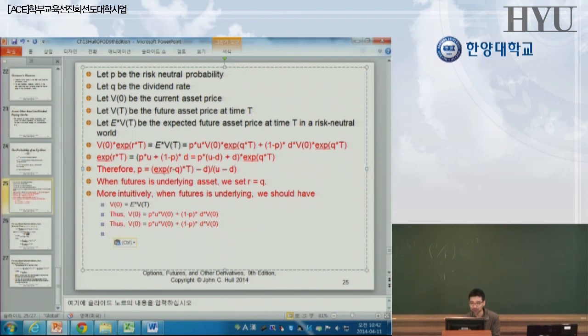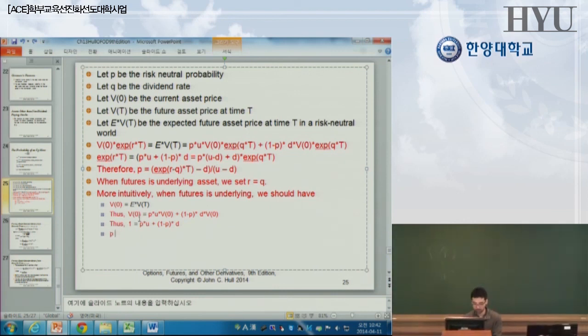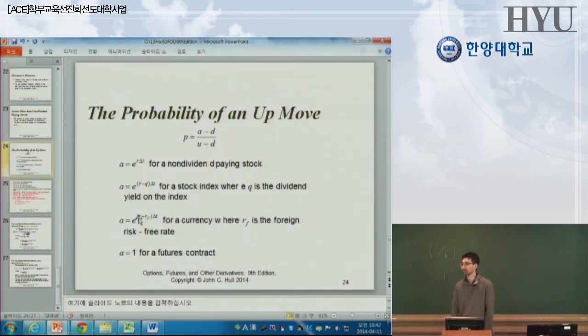So if we divide this side by the same term, this is 1. Therefore, we can solve for P. Okay, something like this.